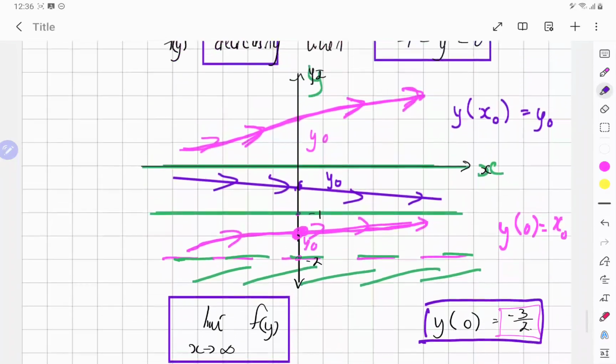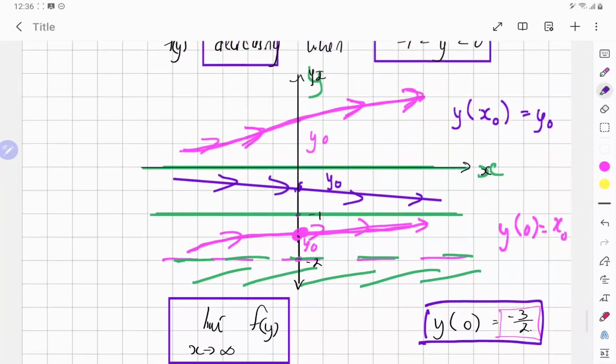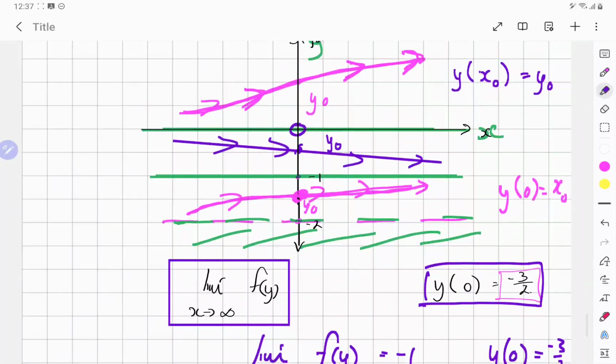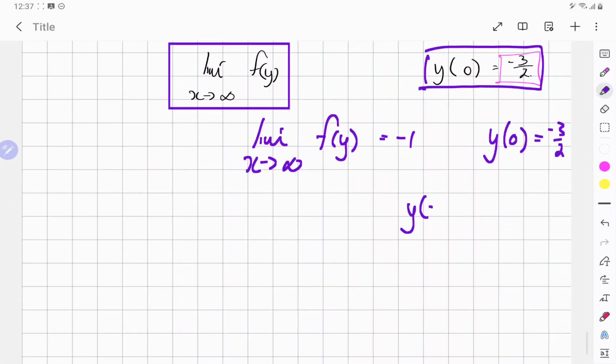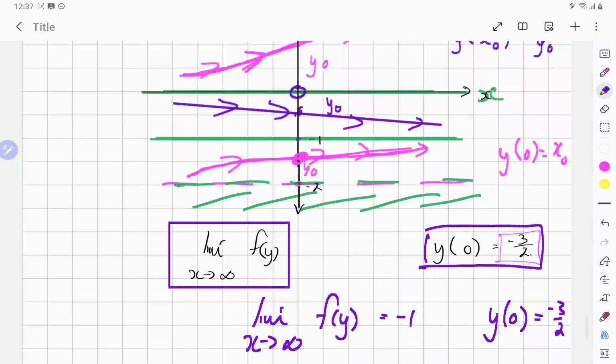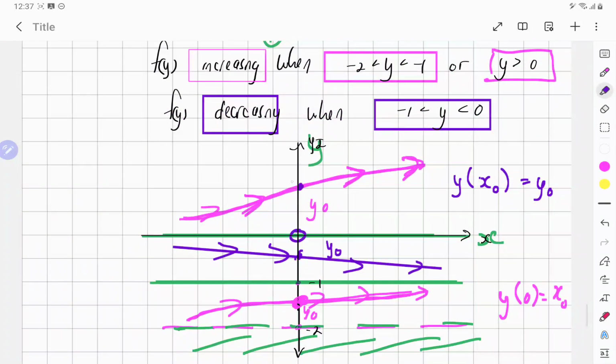If I'm given something else, say I'm given now y of 0 is 7. Now what will my limit be as x approaches infinity? So say that was 7. Don't say the limit is 7, infinity.